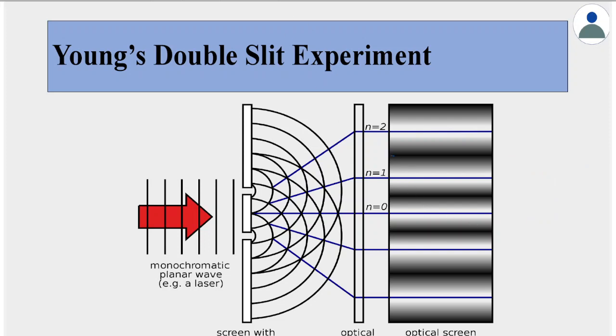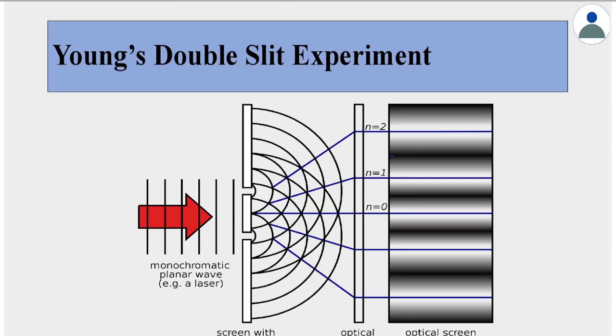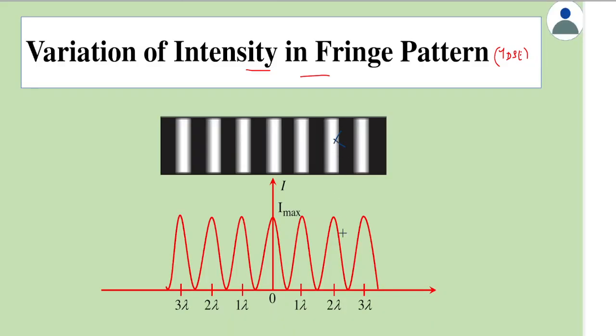This is the diagram. A diagram of the other type is not what you get. I just kept it here to show how diagrams vary, but it's not like this. We don't get blocks here. Rather, we get a gradual change in intensity.